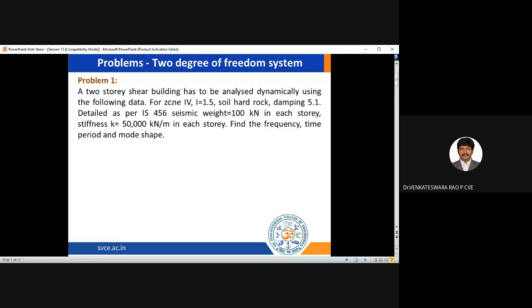And the stiffness. It is also given that seismic weight is equal to 100 kilonewton in each story. Basically, when you try to solve these building frame model problems, we take the mass to each floor, as the mass comes from the beams and slabs.